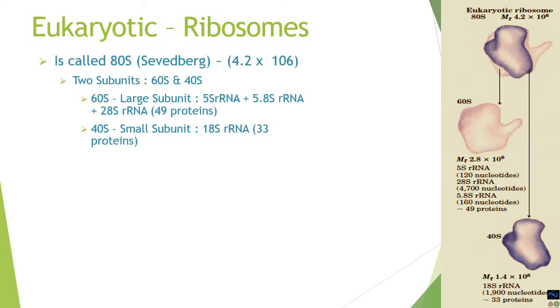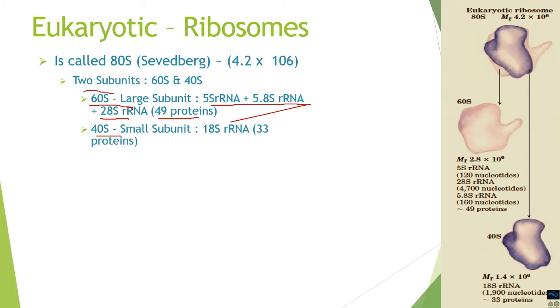Eukaryotic ribosomes are a little more complex and have a higher molecular weight than prokaryotic ribosomes. They are called 80S ribosomes, with a molecular weight of 4.2 times 10 to the power 6. Again, as in prokaryotes, they are made up of two subunits, large and small. The large subunit is called 60S, and the small subunit is called 40S. The 60S large subunit is made up of three kinds of rRNAs, 5S, 5.8S, and 28S rRNA, together with 49 different kinds of proteins.